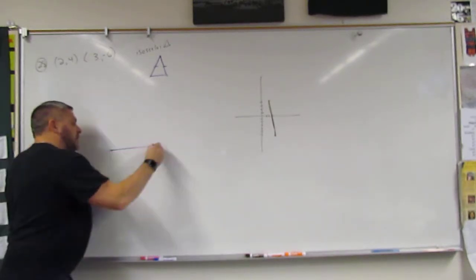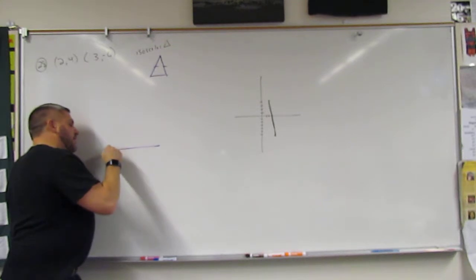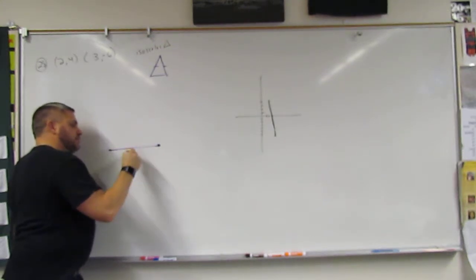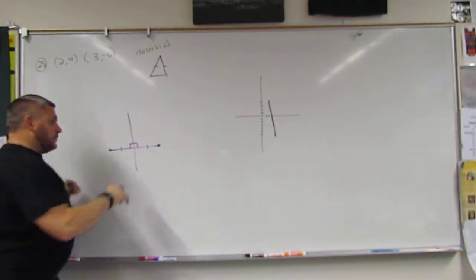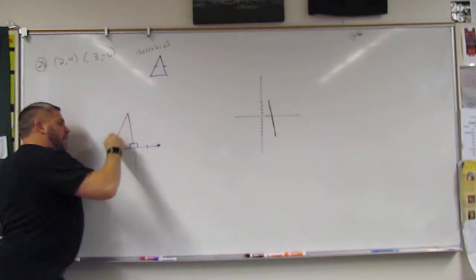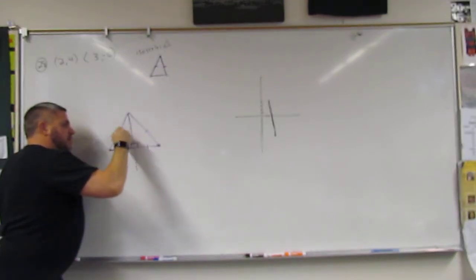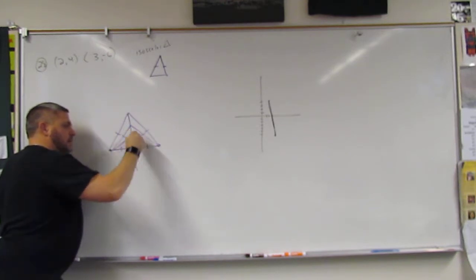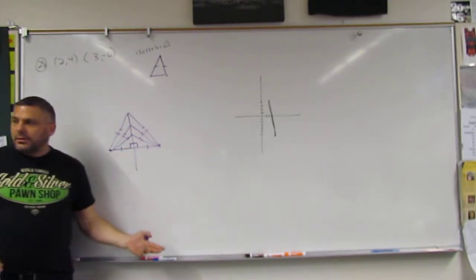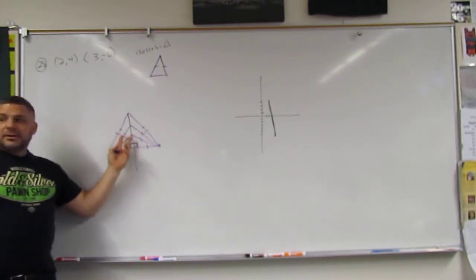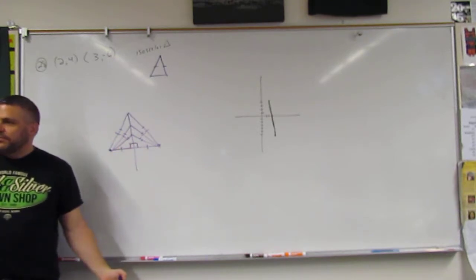So if I have this, and I have a perpendicular bisector, then any point from here would be congruent to each other. So all of these would be isosceles triangles, right?